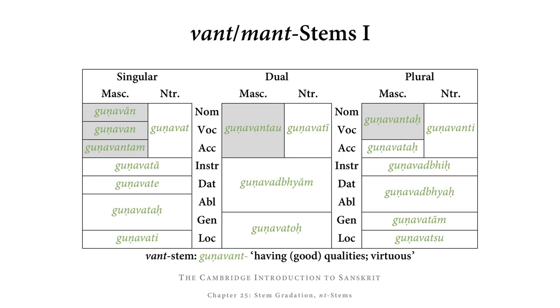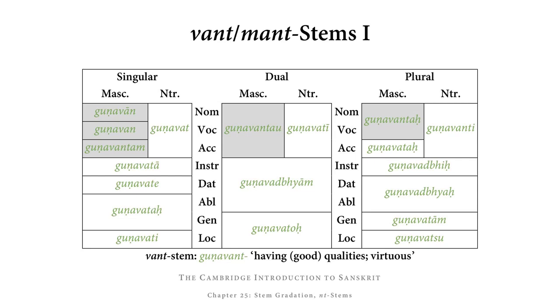If we start by looking at the singular forms, we get gunavan, gunavan, gunavantam. As so often, the nominative and vocative singular of consonant stems have a slightly unpredictable form, so these we just need to memorize. Gunavan, gunavan. Then we continue with gunavantam, so what we have is gunavant, the strong stem, and then our accusative singular ending added without any internal sandhi.